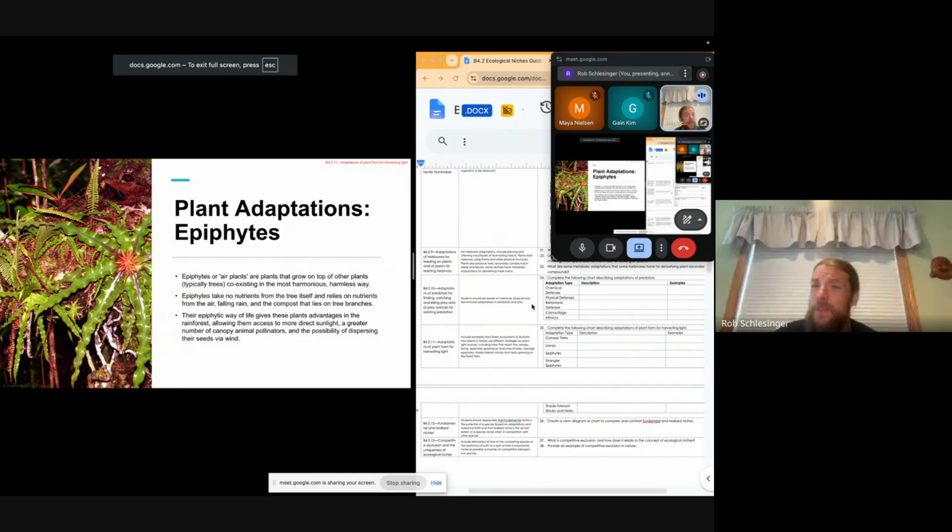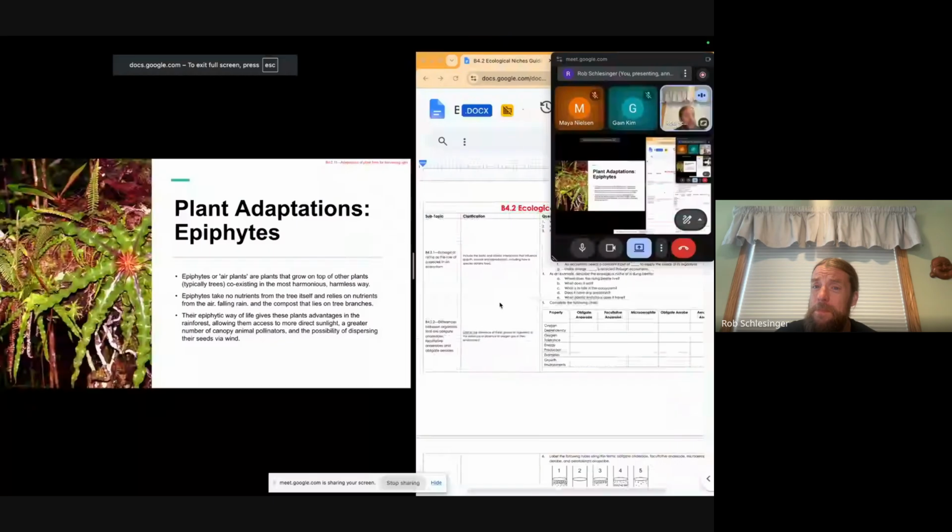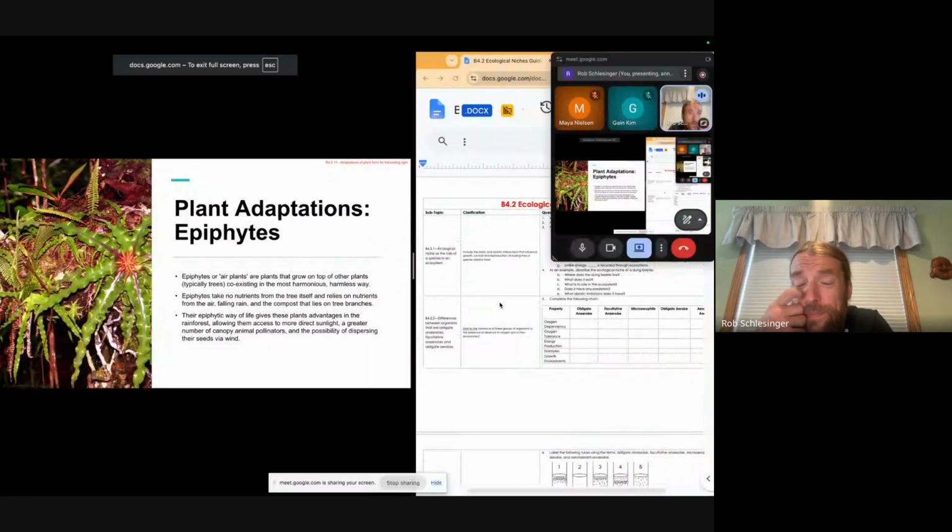So there's a lot of redundancy in terms of some of these assessment statements where they come up in different topics. But that is B4.2 in a nutshell. How we doing? Questions, concerns?